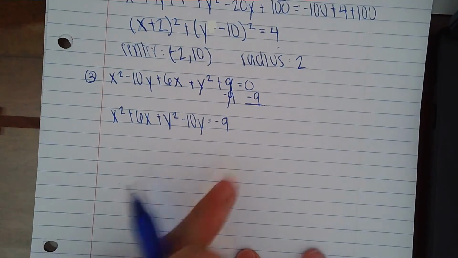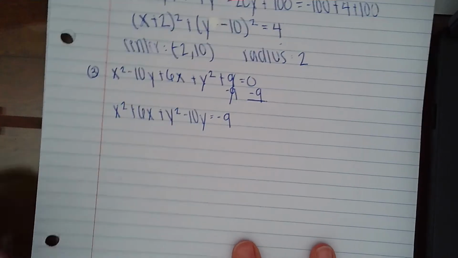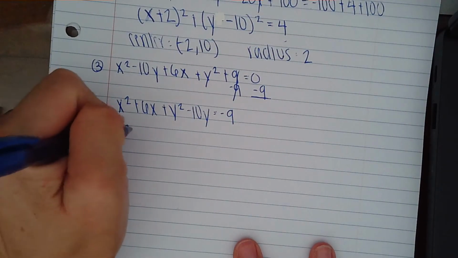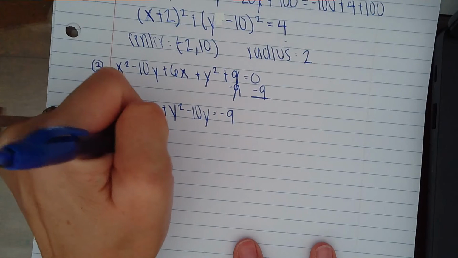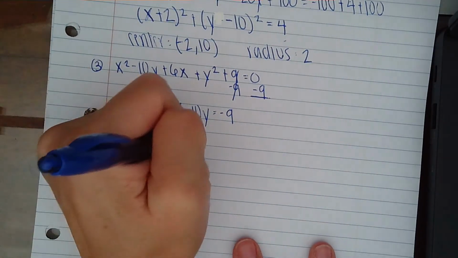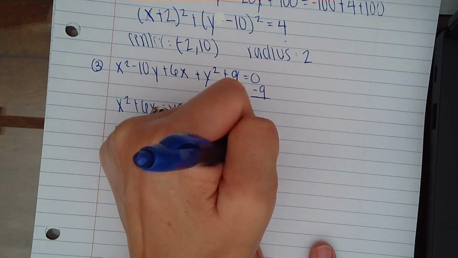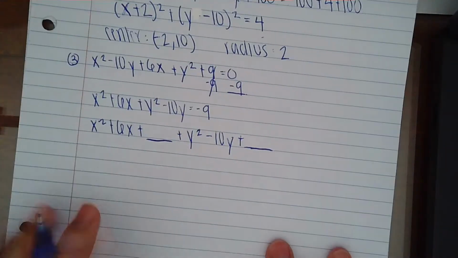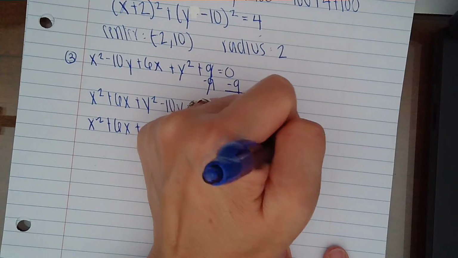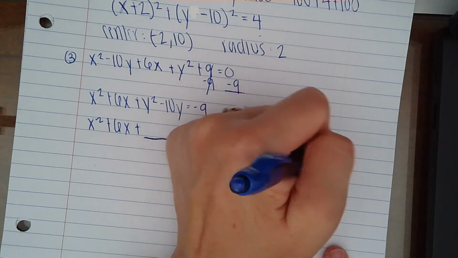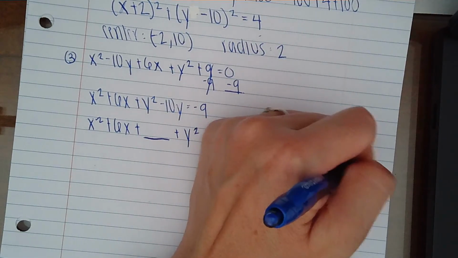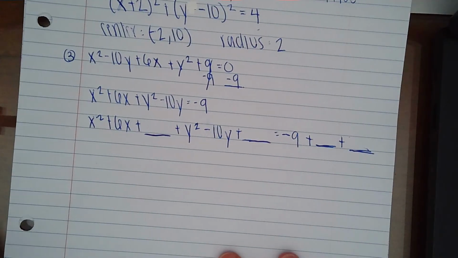Well, now I'm going to go ahead and create my two perfect square trinomials. So I'm going to have x squared plus 6x plus a number plus y squared minus 10y plus a number equals negative 9 plus a number plus a number.